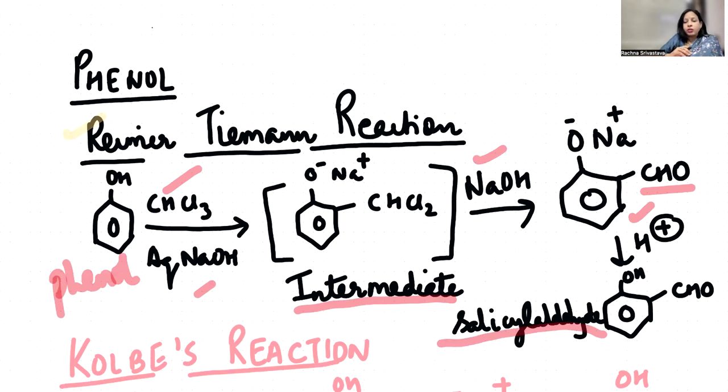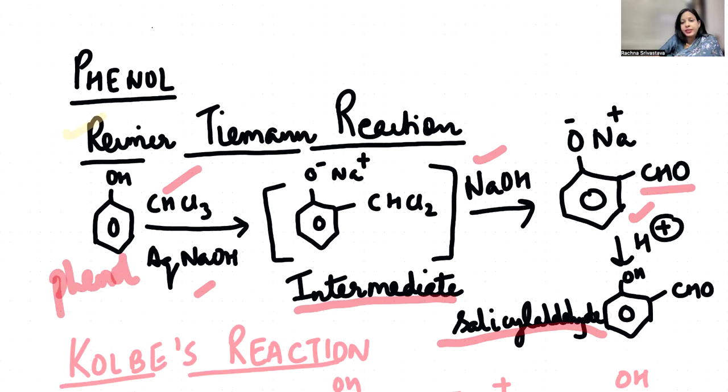Now, you don't expect that you will always get a direct question on the Reimer-Tiemann reaction. They might also ask: convert phenol to salicylaldehyde and name the reaction. Now you have to correlate that if it is phenol and salicylaldehyde, it is your Reimer-Tiemann reaction, because the next reaction which we are going to discuss is Kolbe's reaction, in which we are getting salicylic acid.